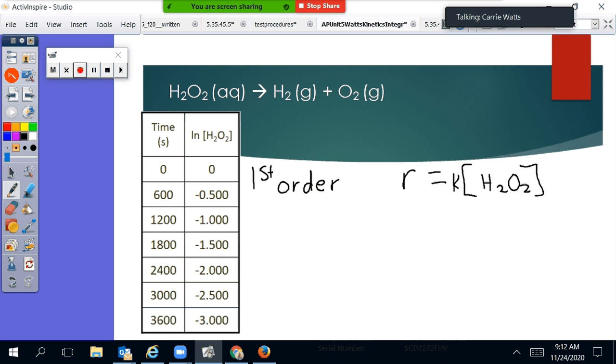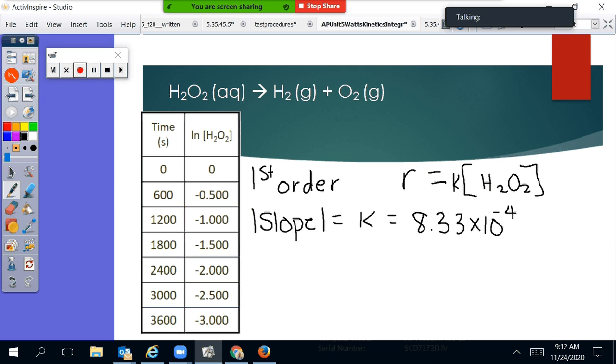For first order, remember, the absolute value of the slope is going to be my K. When I look at my slope, I get 8.33, and this is from my calculator, times 10 to the negative fourth. This is from my regression. So my rate law is going to be 8.33 times 10 to the negative fourth times the concentration of H2O2.